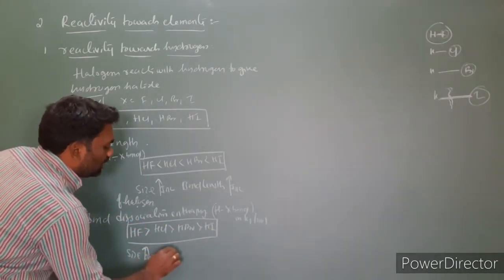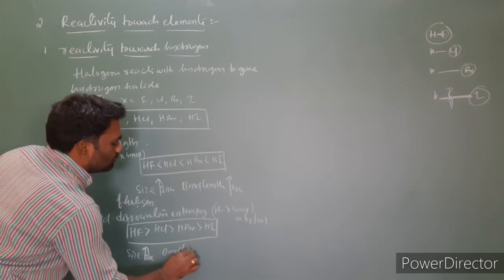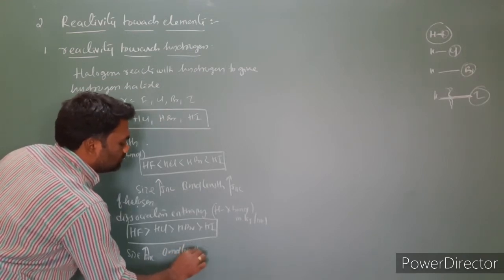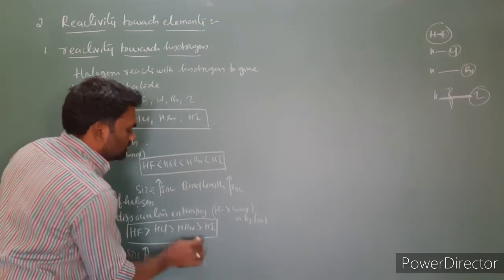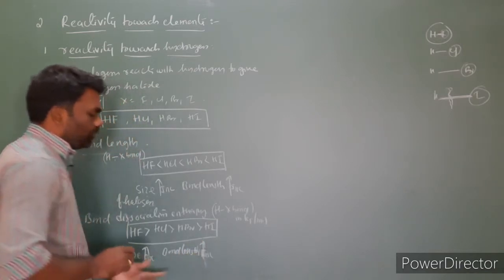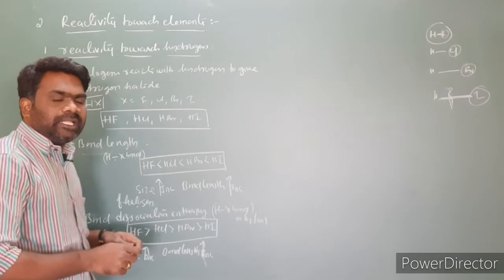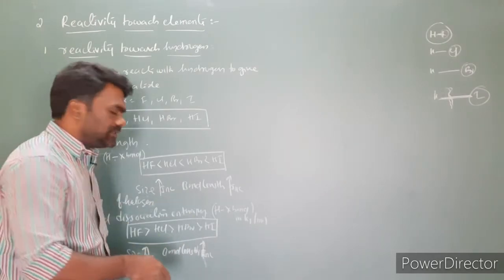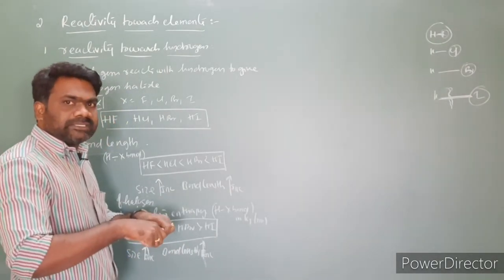What about the bond length? Bond length increases. So size increases, bond length increases. Bond length increases, breaking that bond requires less energy. To break that bond, less energy is enough.